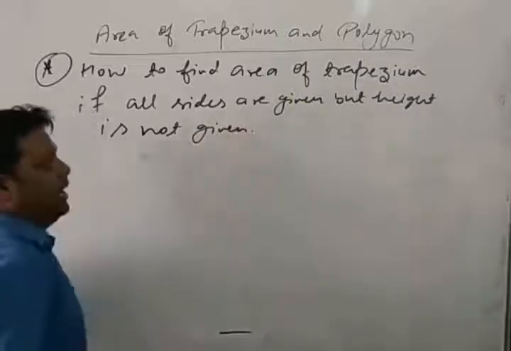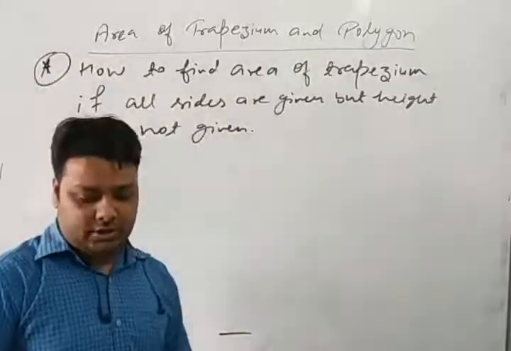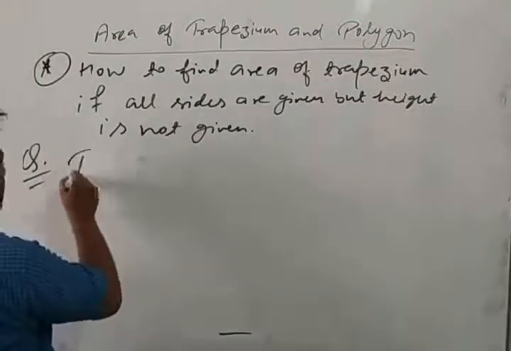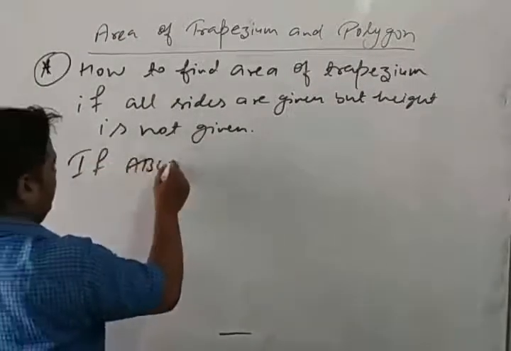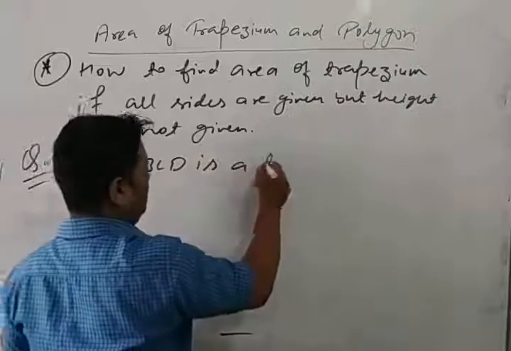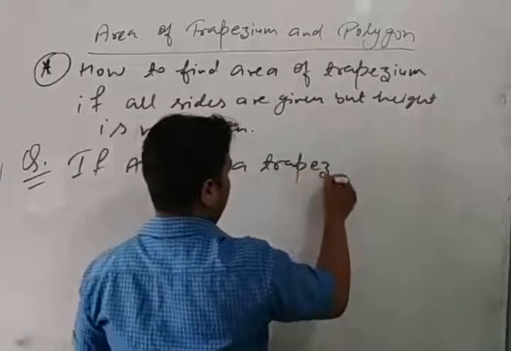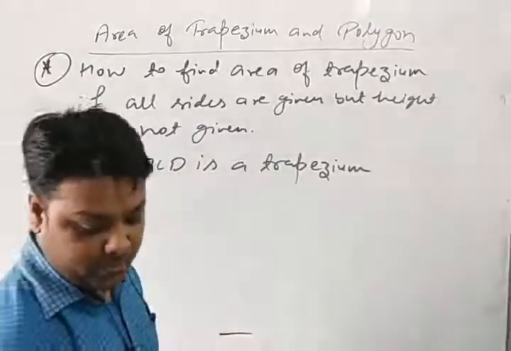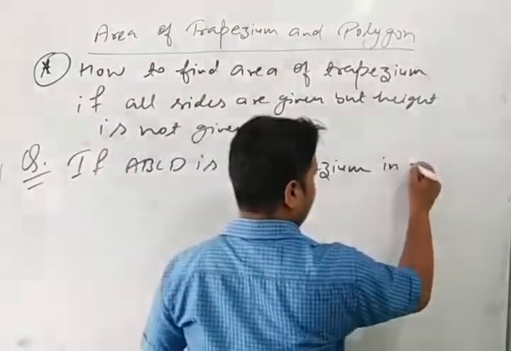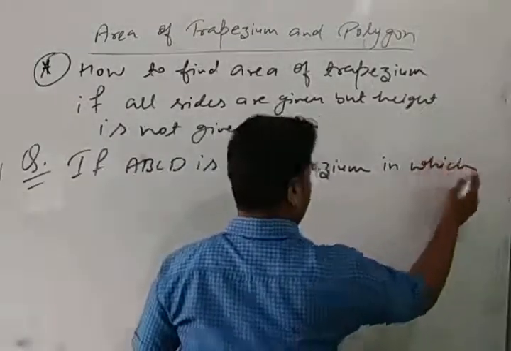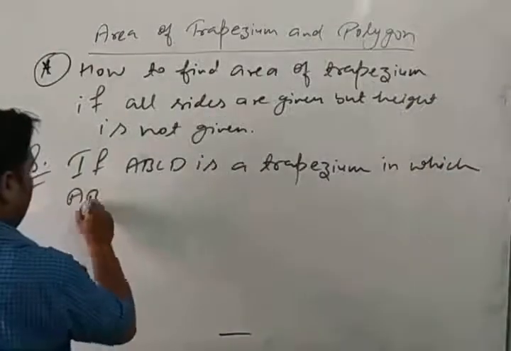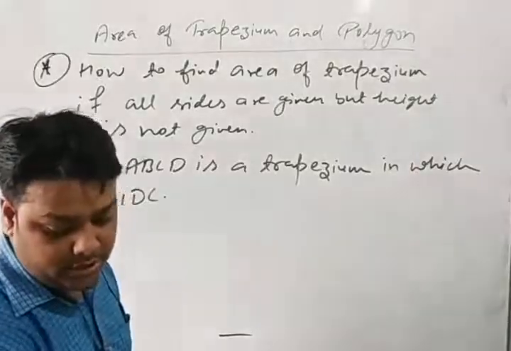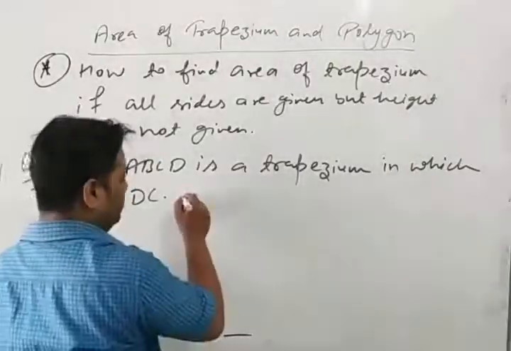Okay, in this case, I am writing the question. If ABCD is a trapezium in which AB is parallel to DC, and the values are also given.